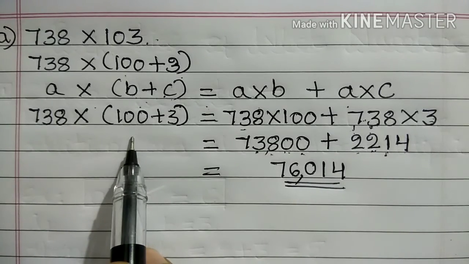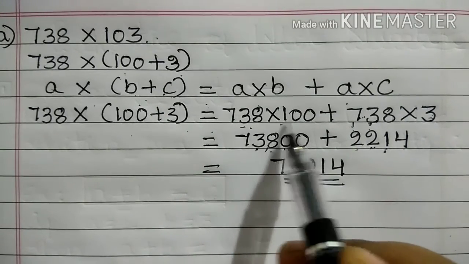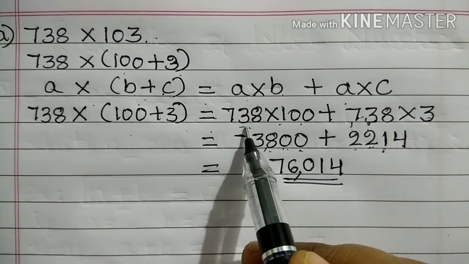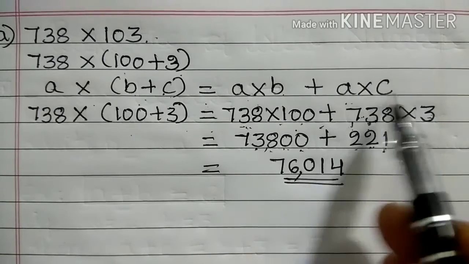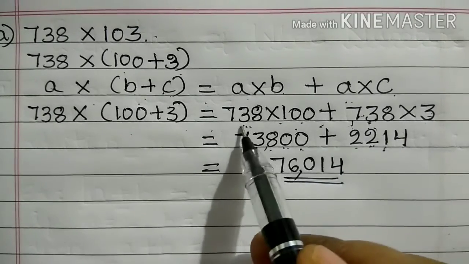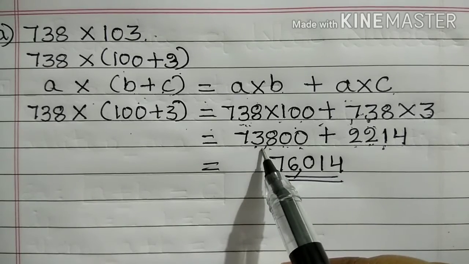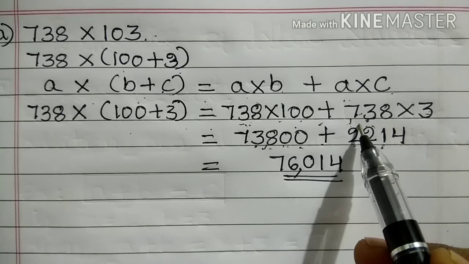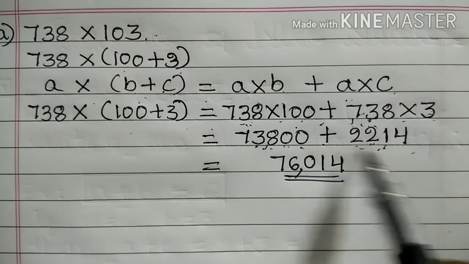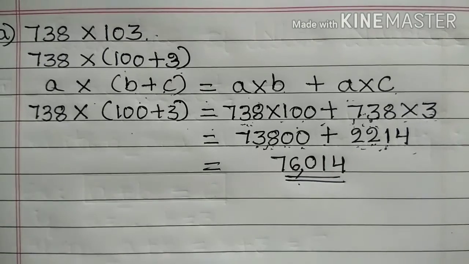So 738 × 100 plus 738 × 3. Multiplying, that is 73,800 plus 738 × 3, which is 2,214. When we add these two numbers, we get 76,014.